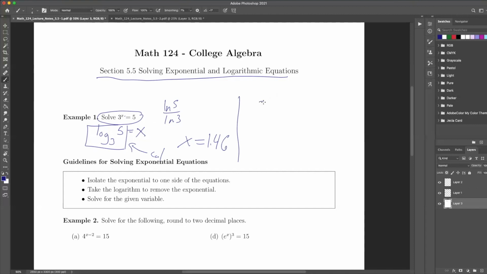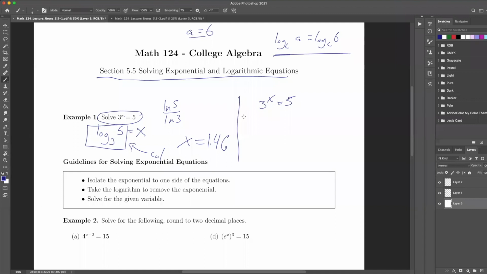So here, if I have log base 3 of x equals 5, one of the things I'm allowed to do is take a log of both sides. If a equals b, then the log base c of a is equal to the log base c of b, right? I don't know if I explicitly told you this or not, but this is the theory we're going to be using the whole time, basically.